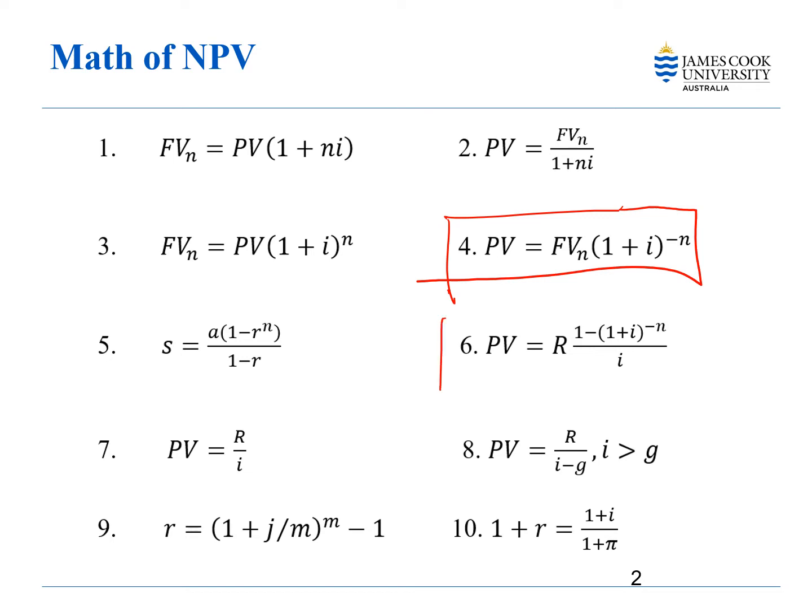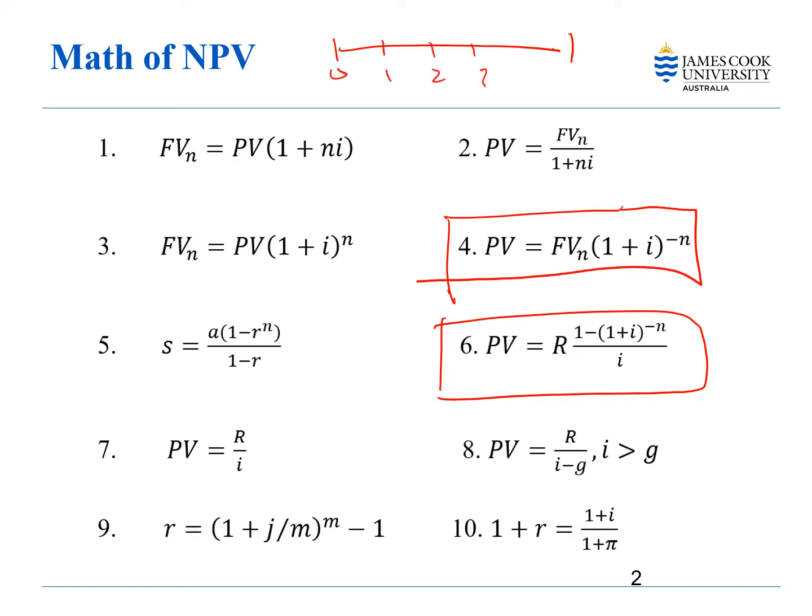Formula 6 is the present value of an ordinary annuity. So to understand this formula, say we have a $R ordinary annuity for N years.